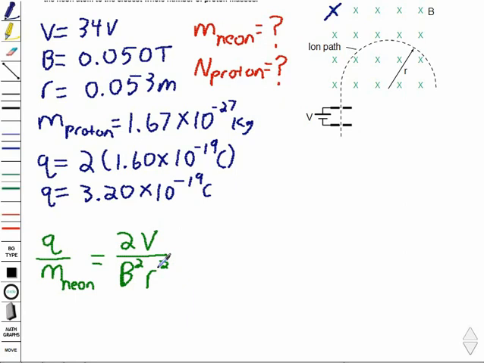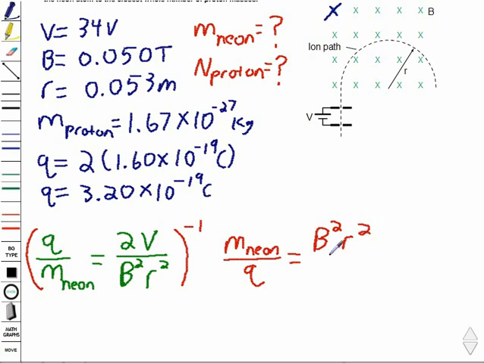So I'm going to flip all the fractions, taking the inverse of everything. That gives me the mass of neon divided by Q equals the magnetic field squared times the radius squared divided by 2V.